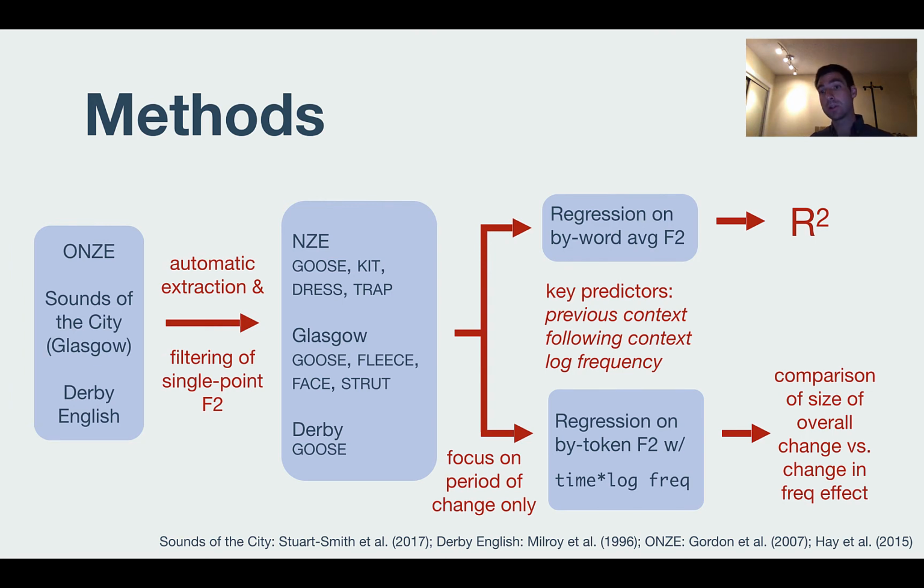So actually what I'm going to be doing is comparing the size of the overall change in a vowel category versus the change in the frequency effect itself, right? So what kind of frequency effect do we start with, and does that frequency effect change? In other words, do high or low frequency words increase or decrease their advantage over time?